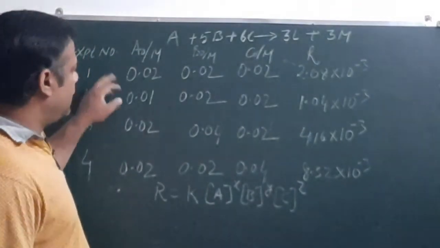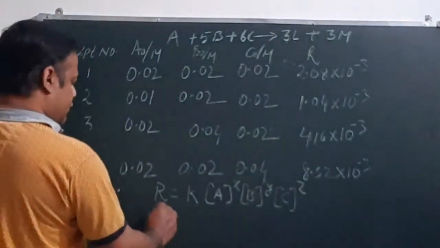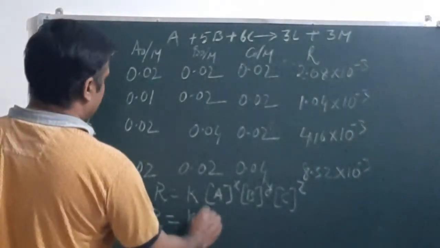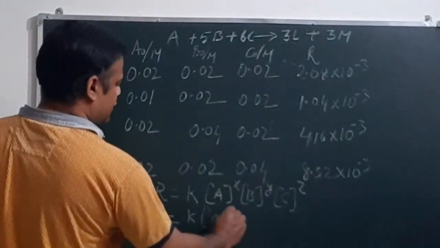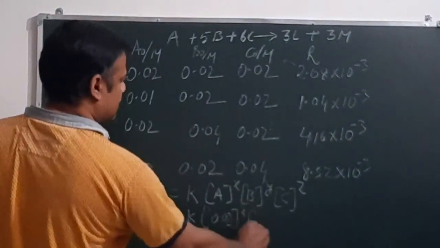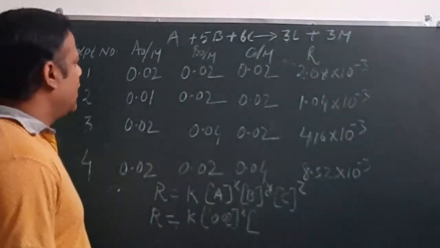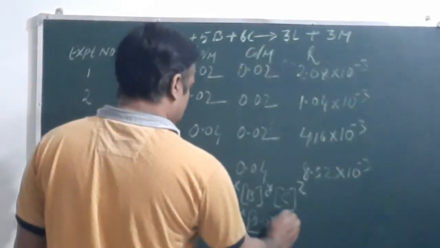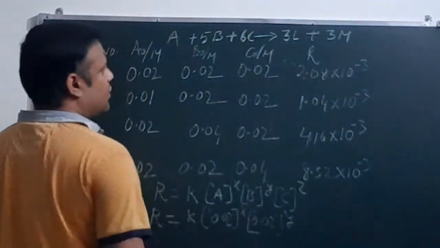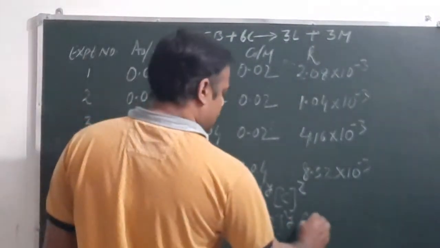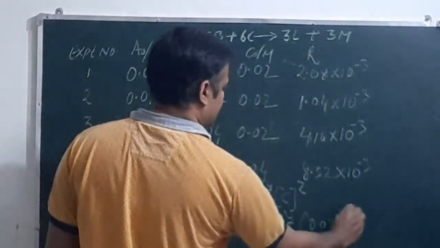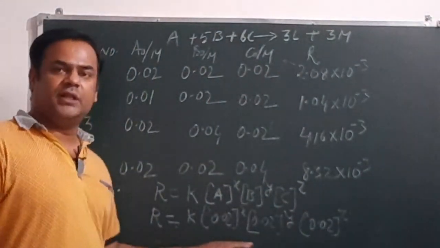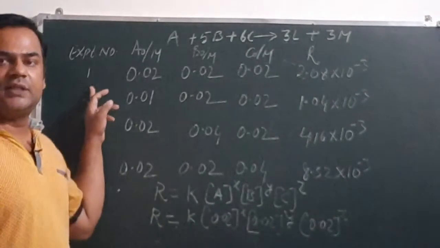Now we will put in the values of concentration. R equals K, the rate constant, the concentration of A is 0.02 to the power X, the concentration of B is 0.02 to the power Y, and the concentration of C is also 0.02 to the power Z. So this is the rate expression from the first experimental values.